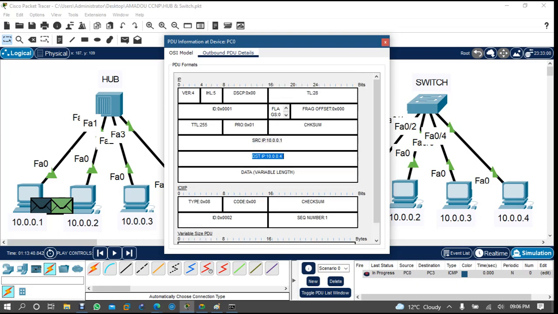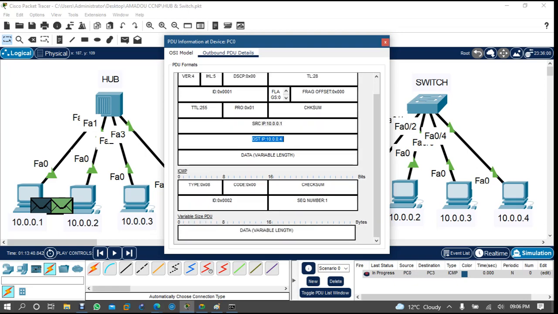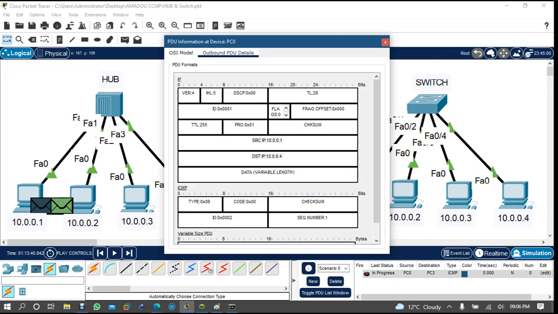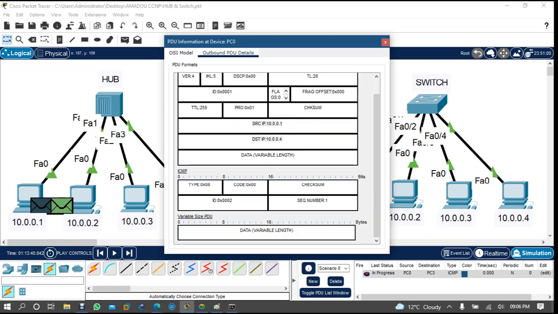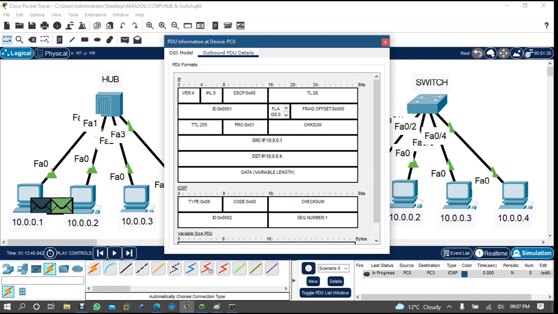This packet is an ICMP packet, it is used for communication purposes, and it is a layer 3 packet.